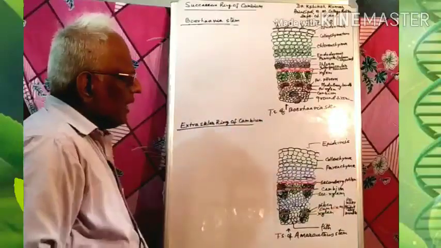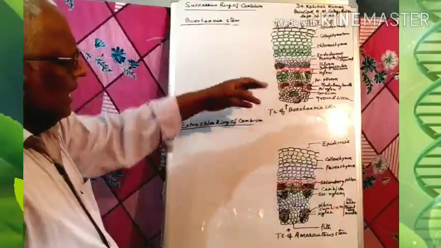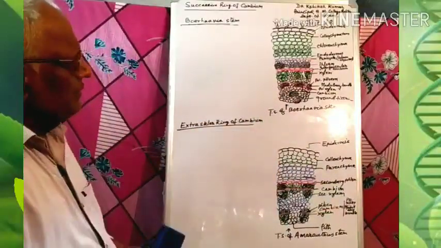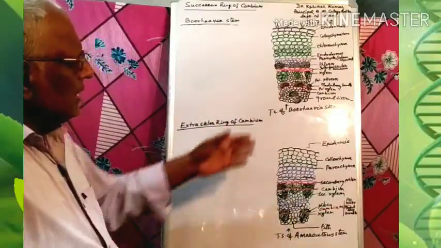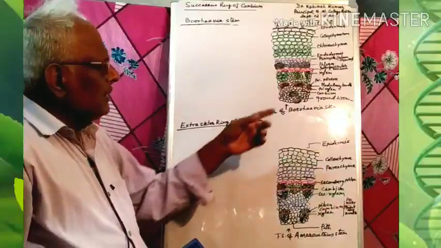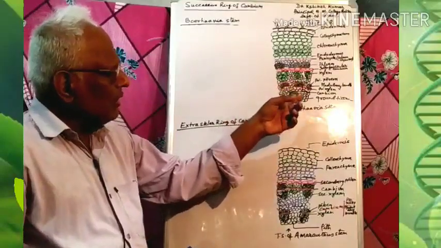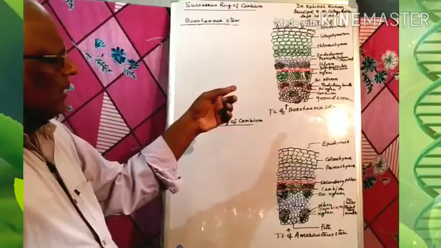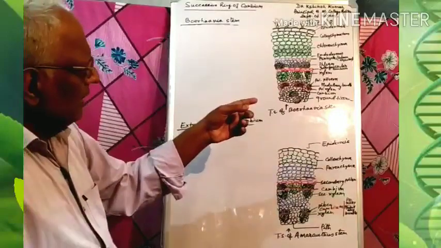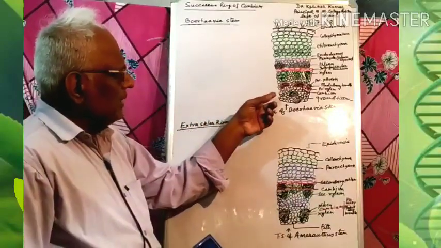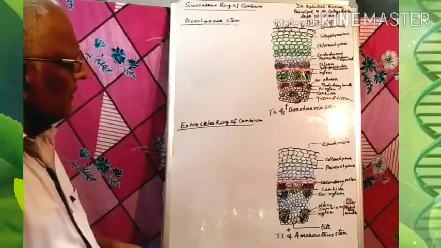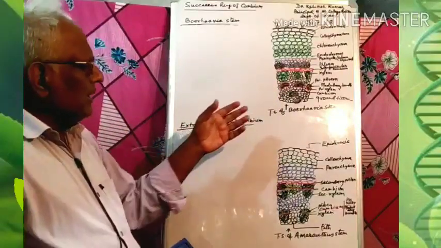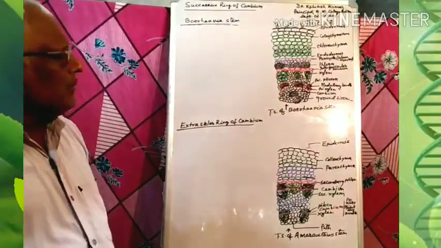Thereafter there is the second ring, in which also the bundles are conjoint, collateral and open, means xylem and phloem are found, and in between them there is a strip of cambium.